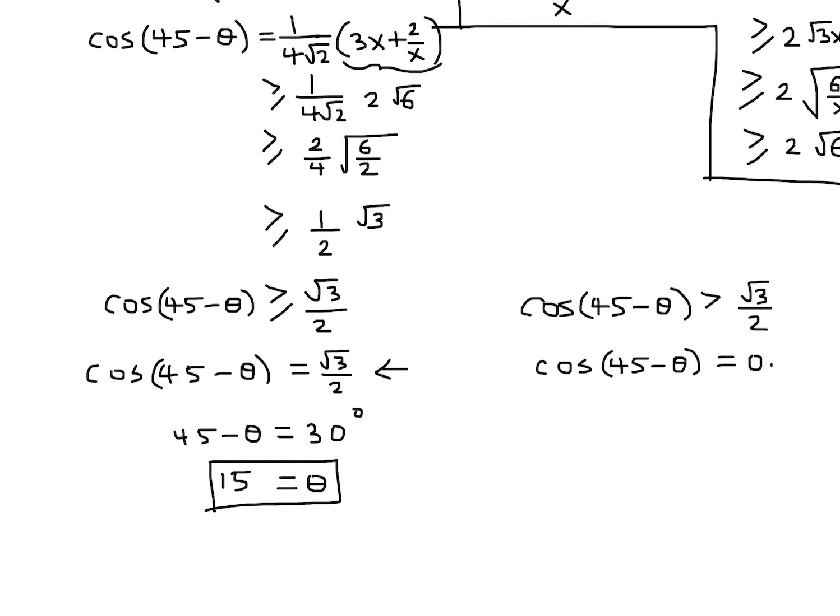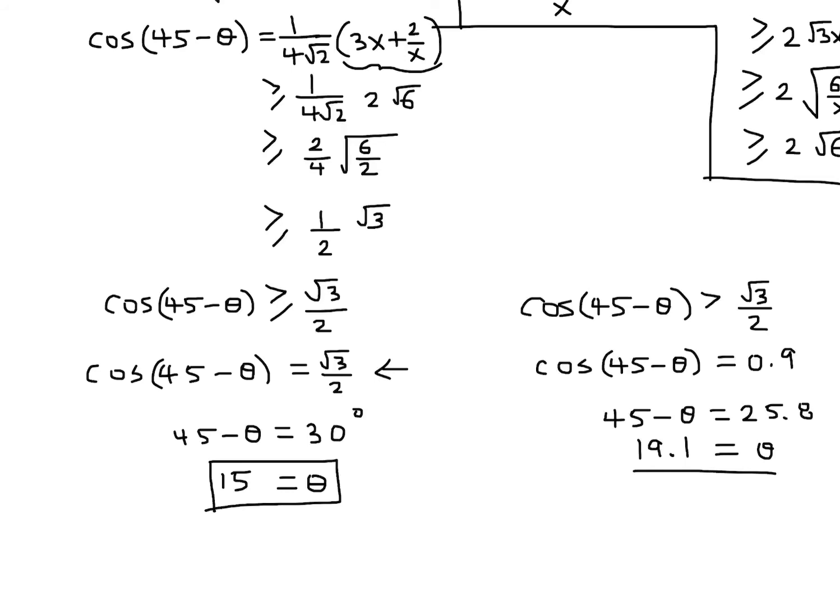We want it greater than that. Take out your calculator and figure out what 45 minus theta is. It'll be about 25.8 degrees, and therefore theta will be 45 minus that, which is about 19.1 degrees. So this angle is greater than 15.